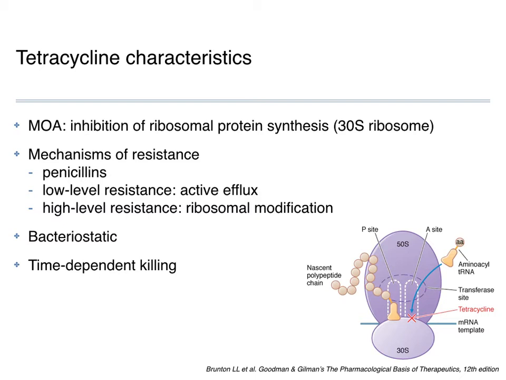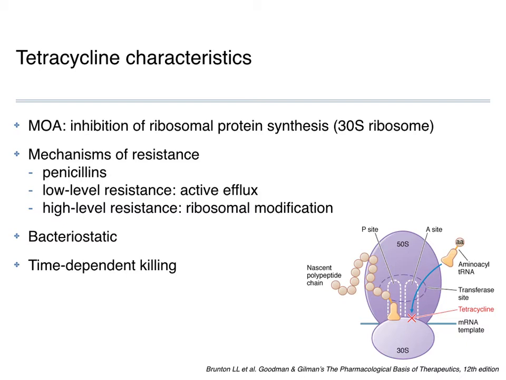Again, efflux, which is going to cause a relatively minor jump in the MIC, and you would still probably be able to use a tetracycline to treat an infection caused by an isolate that was expressing efflux. And then like the macrolides, ribosomal changes cause a much higher degree of resistance, and you likely would not be able to successfully treat an infection caused by a bacterium that had ribosomal modification.